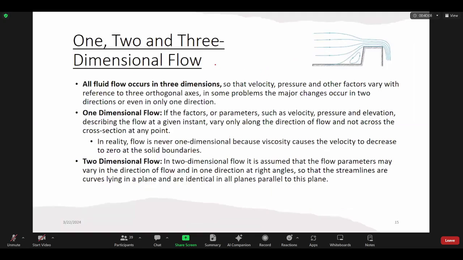In this slide, we will discuss one, two, and three-dimensional flow.